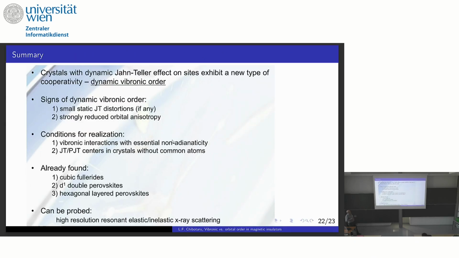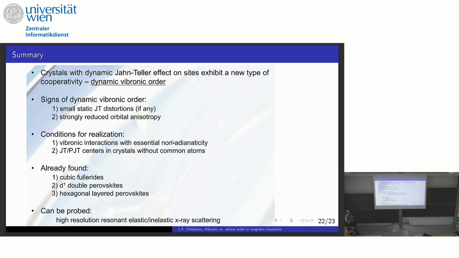So what are the main conclusions? There are situations with dynamical Jahn-Teller effect on sites, and this gives rise to a new cooperativity, a dynamical vibronic order. It's not orbital ordering, it's dynamical.